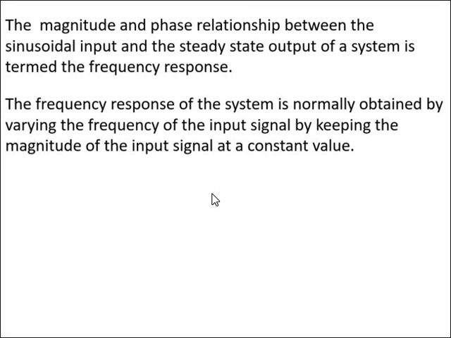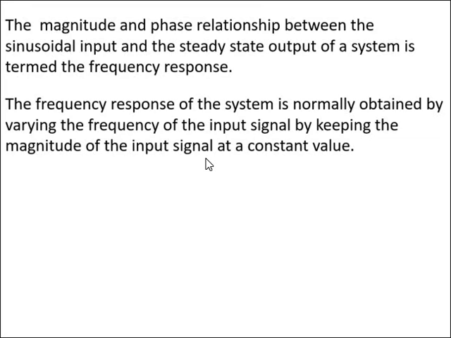The frequency response of the system is normally obtained by varying the frequency of the input signal by keeping the magnitude of the input signal at a constant value. So this is important. This is the procedure for calculating the frequency response of the system. The basic requirement is varying the frequency of the input signal and keeping the amplitude the same or constant.